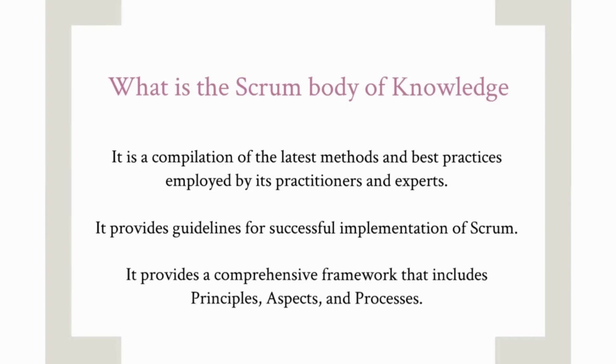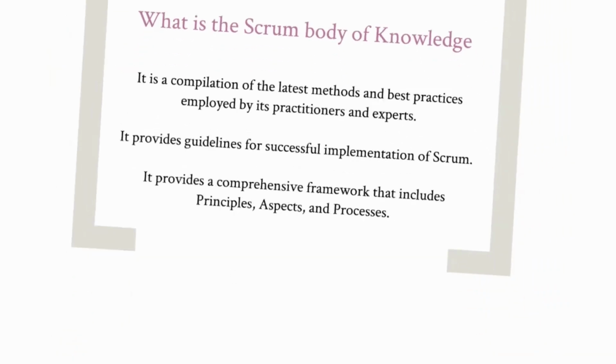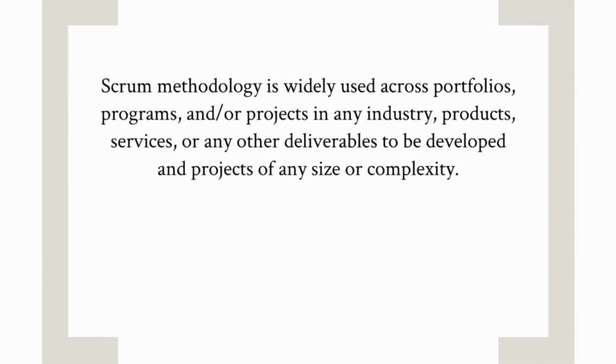Now that we know what Scrum and a guide to the SBOC are, let us see the applicability of Scrum as defined in a guide to the SBOC. Scrum framework is widely used across portfolios, programs, and/or projects in any industry, products, services, or any other deliverables to be developed, and projects of any size or complexity.